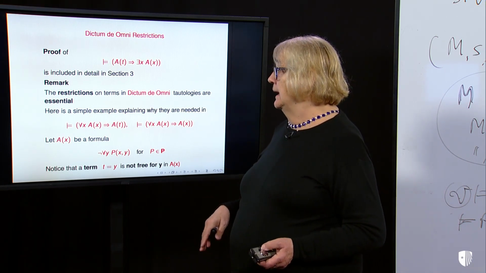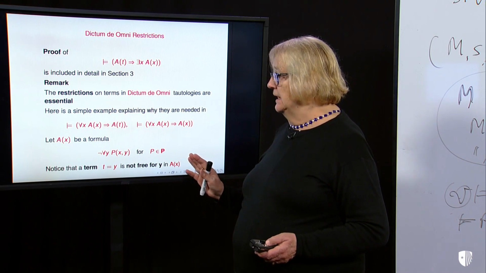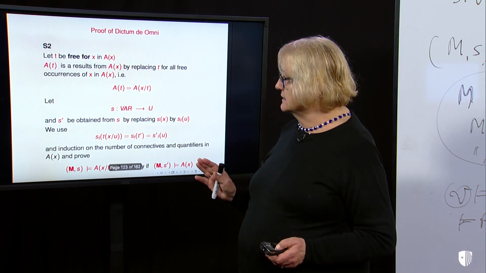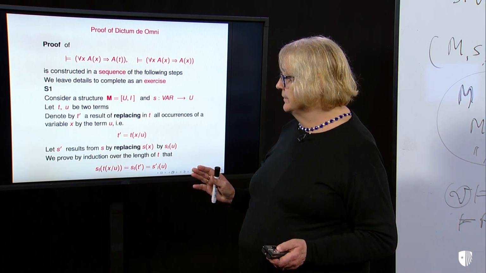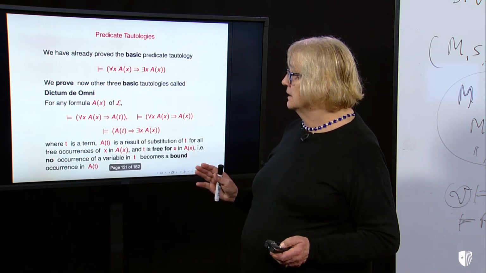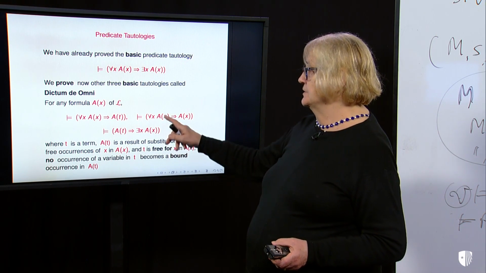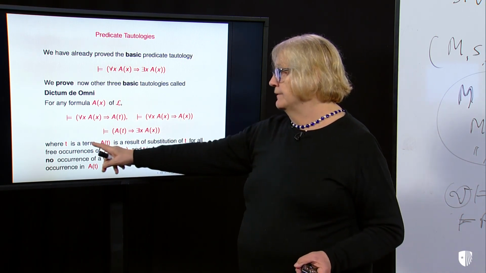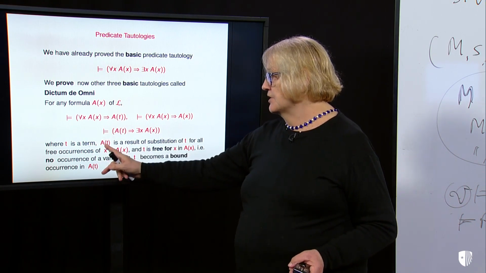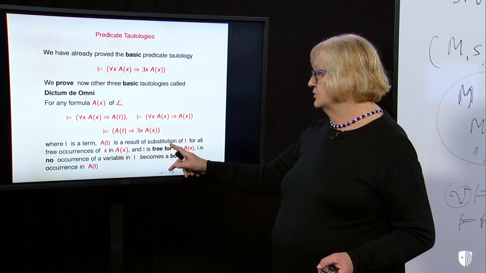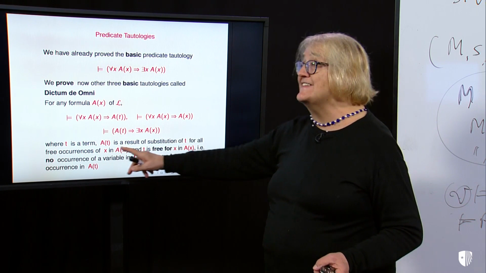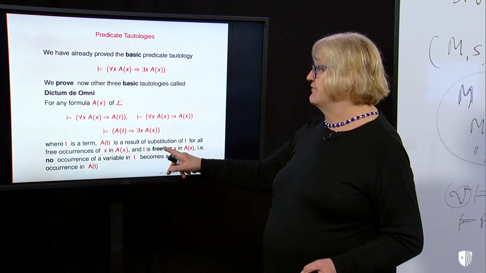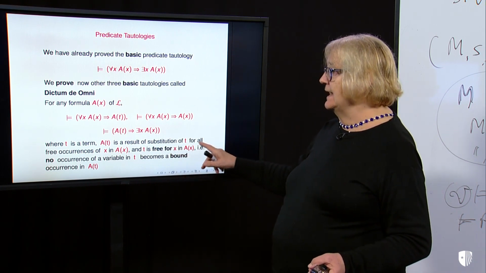Also, there are restrictions on certain tautologies. When you look at these tautologies, you see they have restrictions, where, for example, A(t) is the result of substituting t for all occurrences of x in A(x), and t is free for x in A(x).